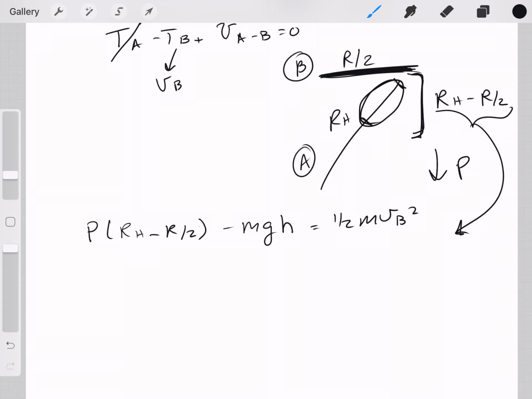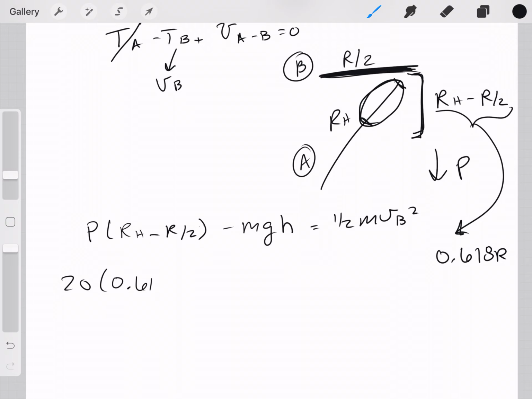We have all these identified. This here, I've calculated to be, where is that, 0.618 R. So we can plug that in here.